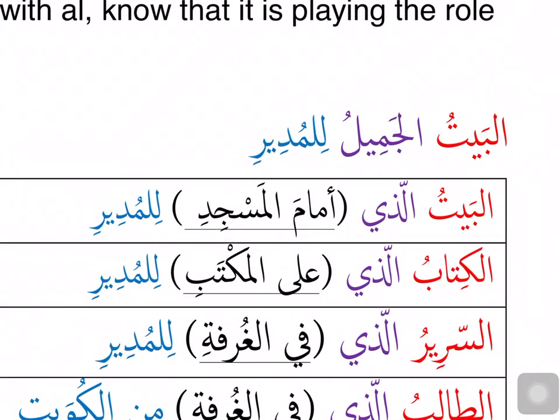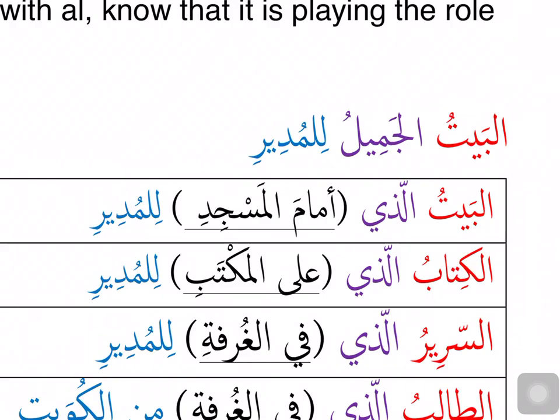Now we will only be talking about the role sifa. So whenever the ism mawsul plays the role sifa, that's the only kind of example we'll be looking at. And inshallah we'll see so many of those examples that we'll get good at it. Inshallah. How do I know that a relative noun is playing the role of sifa in a sentence? Inshallah, it's very easy.